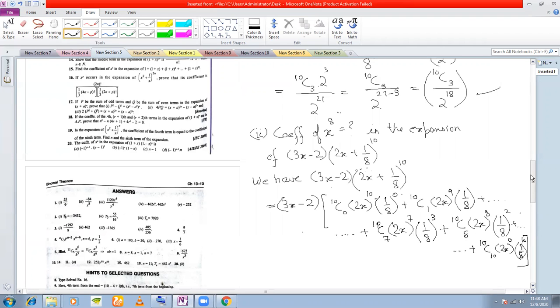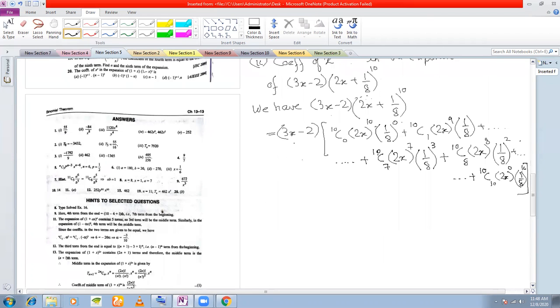Now see, when we are multiplying: 3x into this x to the power of 7 will give you x to the power of 8, right or wrong? And when 2 is multiplied with this x to the power of 8, this also will give you x to the power of 8.